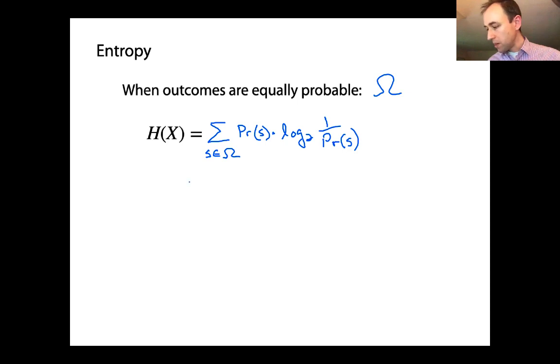Since they're equally probable, we know the probability of any given item. It's just 1 over the size of the sample space, 1 over the size of big Omega. So let's substitute that in.